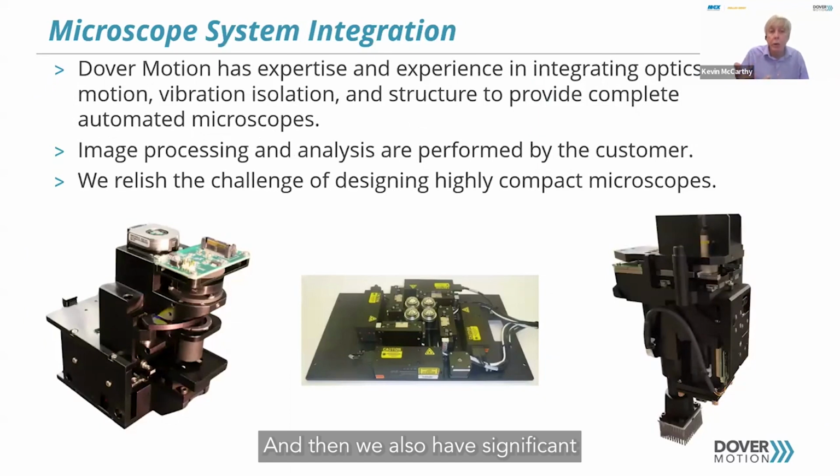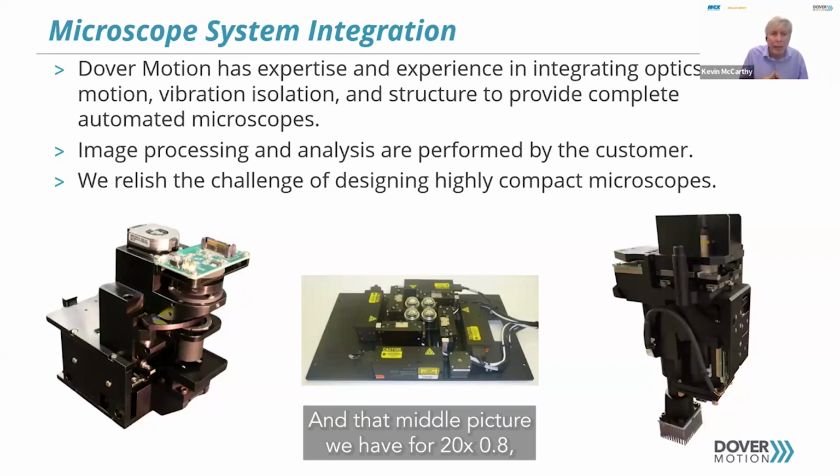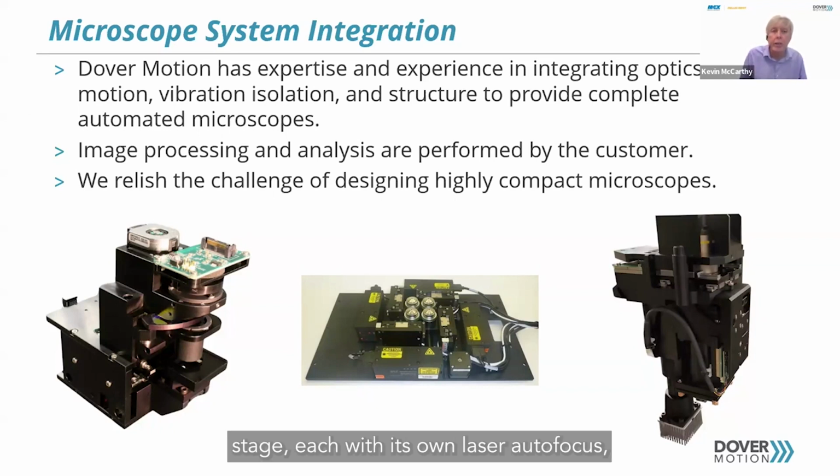And then we also have significant experience in integrating optics, motion, vibration isolation, and structure. In that middle picture, we have 4 20x 0.8 numerical aperture objectives on a 36 millimeter pitch, each with its own Z stage, each with its own laser autofocus, and ultimately each with its own camera.